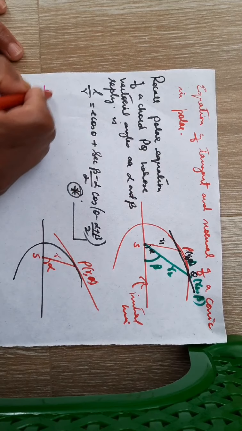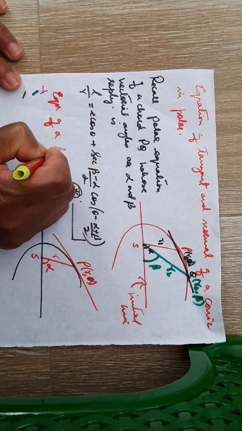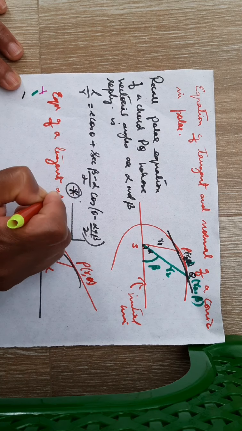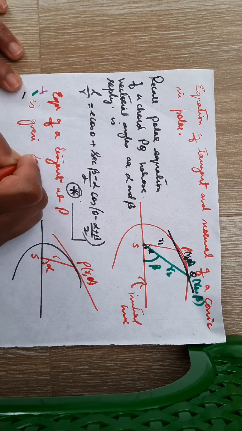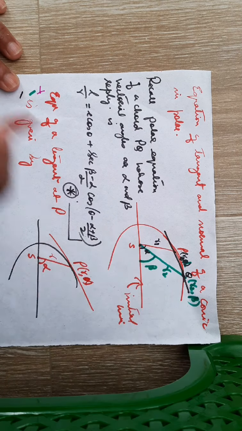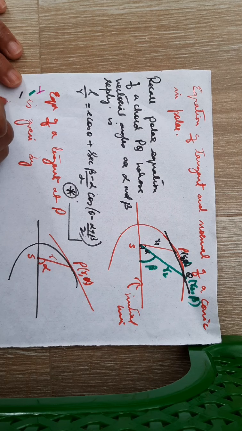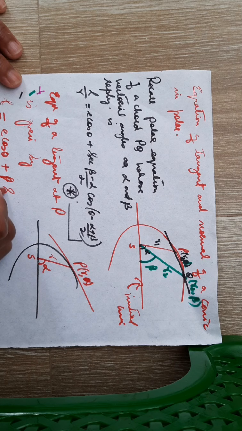Now the equation of a tangent at P, where Q coincides with P, is given by L by R is equal to E cos theta plus secant.